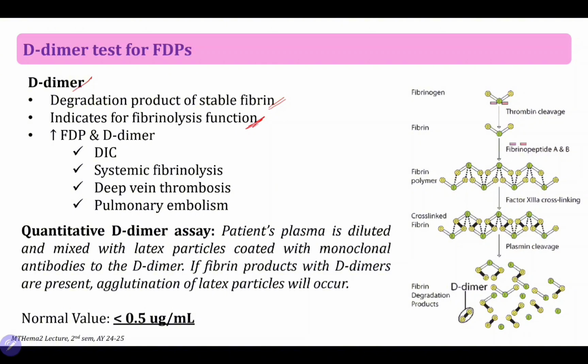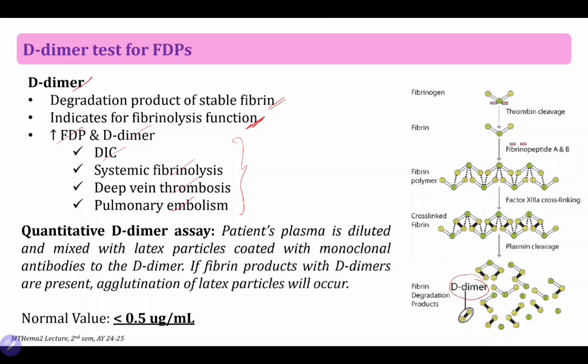So, meaning to say, our fibrinolysis is functioning well because our fibrin is degraded into FDPs and also D-dimers. Now, increased presence of FDPs and D-dimers in the circulation may indicate the following disorders: either DIC or disseminated intravascular coagulation, systemic fibrinolysis, deep vein thrombosis, and pulmonary embolism.